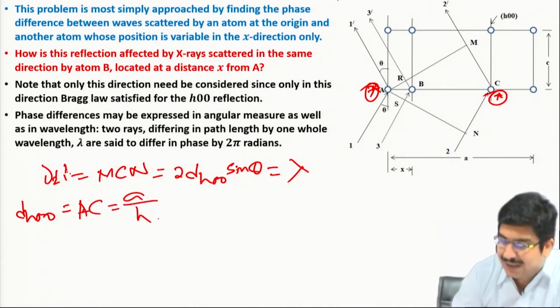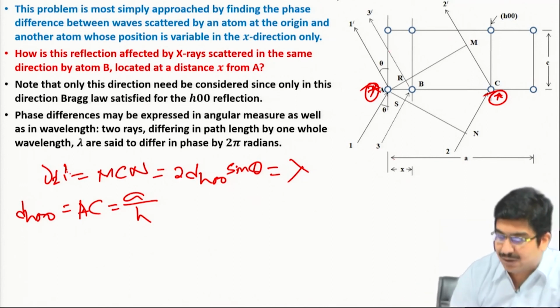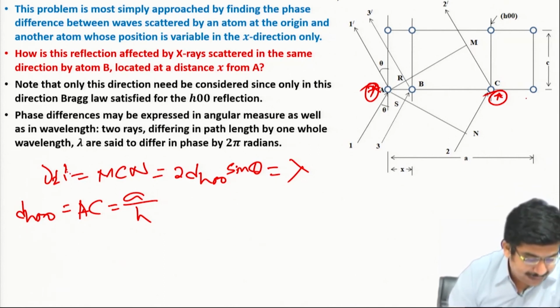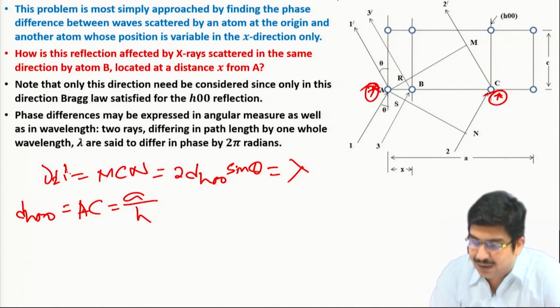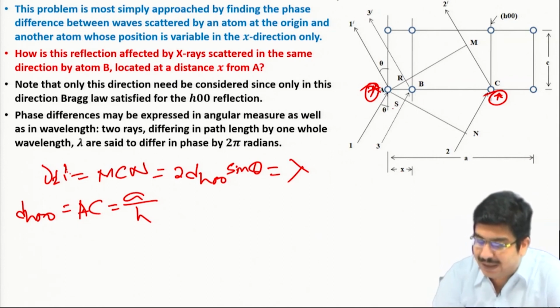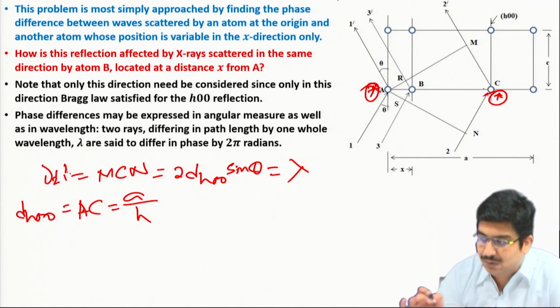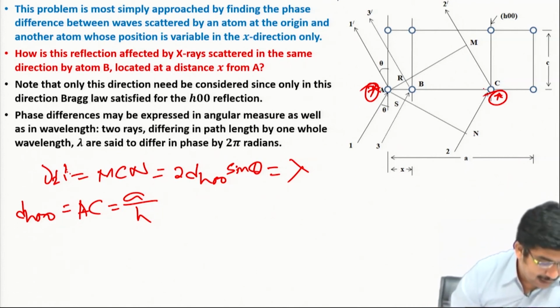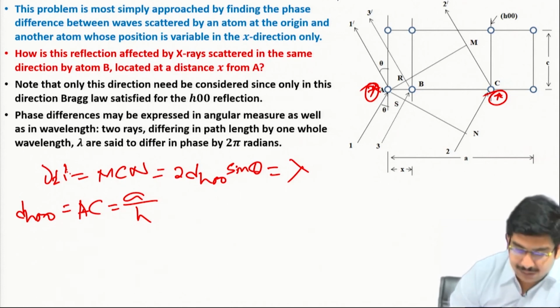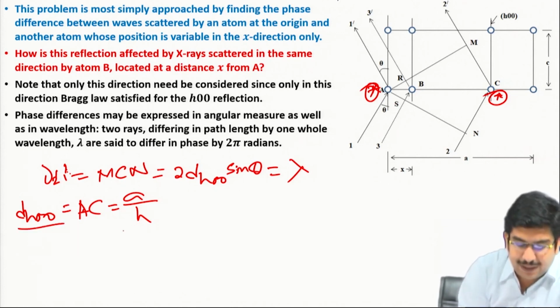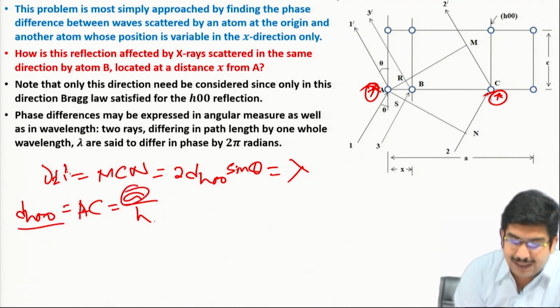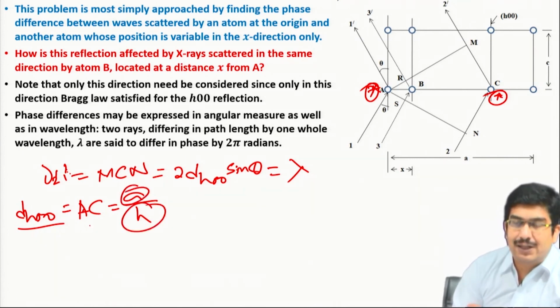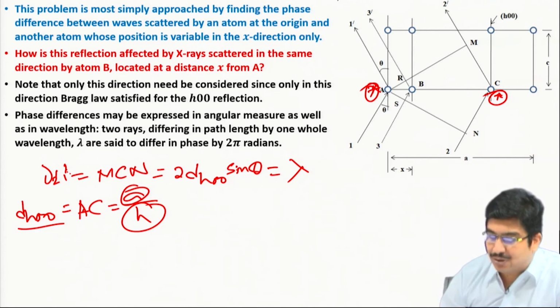Here a is some lattice parameter, and h is the number of divisions along it, so AC is the intercept. So finally, that's what I can write for interplanar spacing in terms of the lattice parameter and the final intercept that it makes on this lattice parameter.